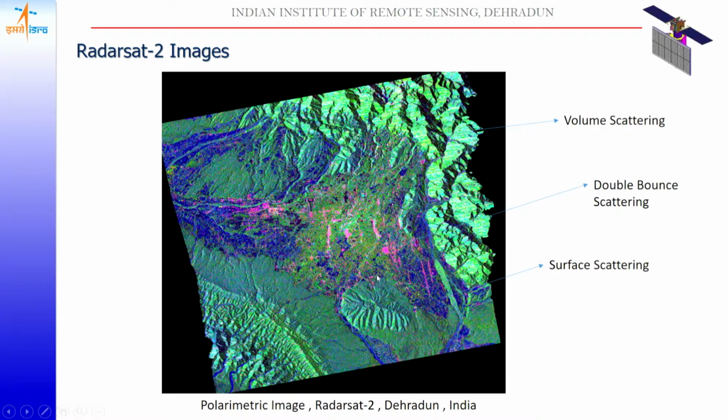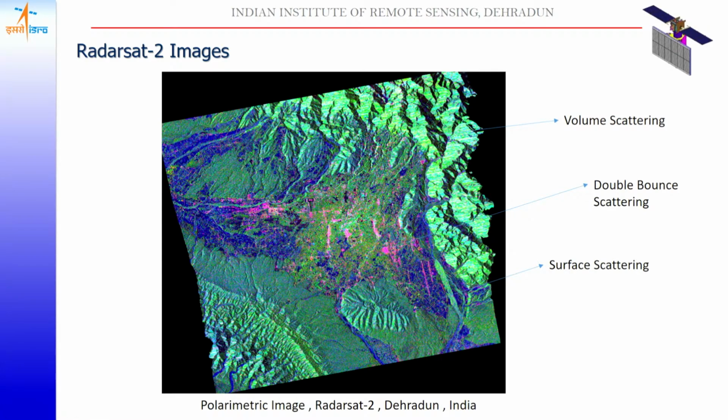So the SAR image is not only a black and white image, we can generate color out of it using polarimetric or fully polarimetric SAR images. And in the case of these open lands, it will appear as a blue color, and it is actually giving the surface scattering.